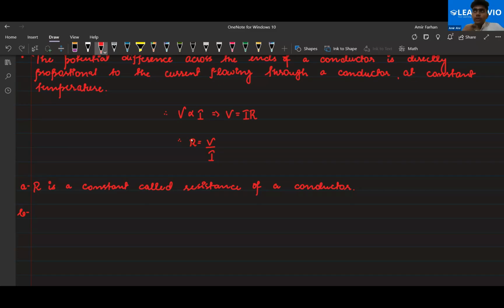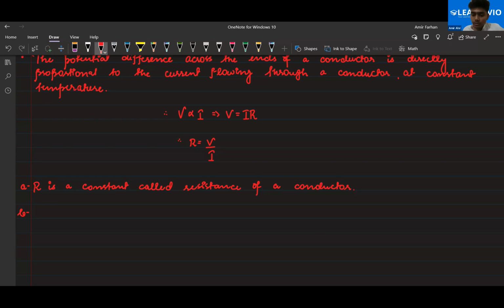Similarly, if you remember, the refractive index is the ratio of sine i by sine r. So the refractive index was constant, and the angle of incidence and angle of refraction were adjusting accordingly. If the angle of incidence was something else, the angle of refraction would become such that the value of the refractive index remains constant.